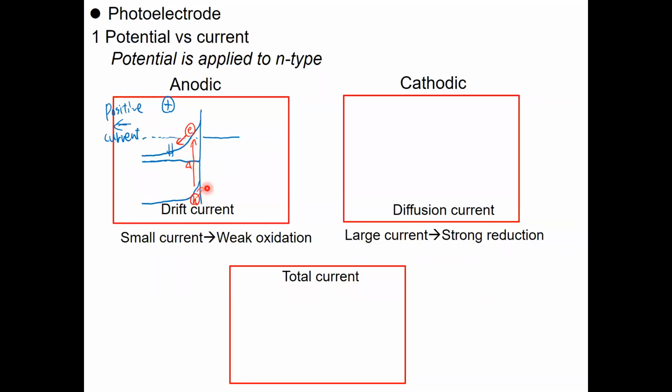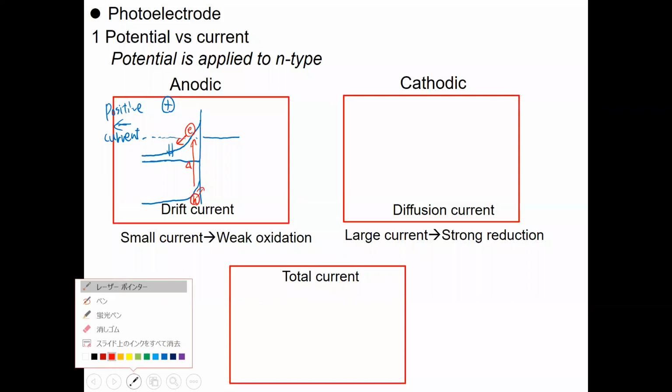That's why the current itself is small. And this current direction is holes, positive charges, coming to the solution side. So this gives oxidation due to this hole on the solution side. Okay, that's what happens when the anodic potential is applied.